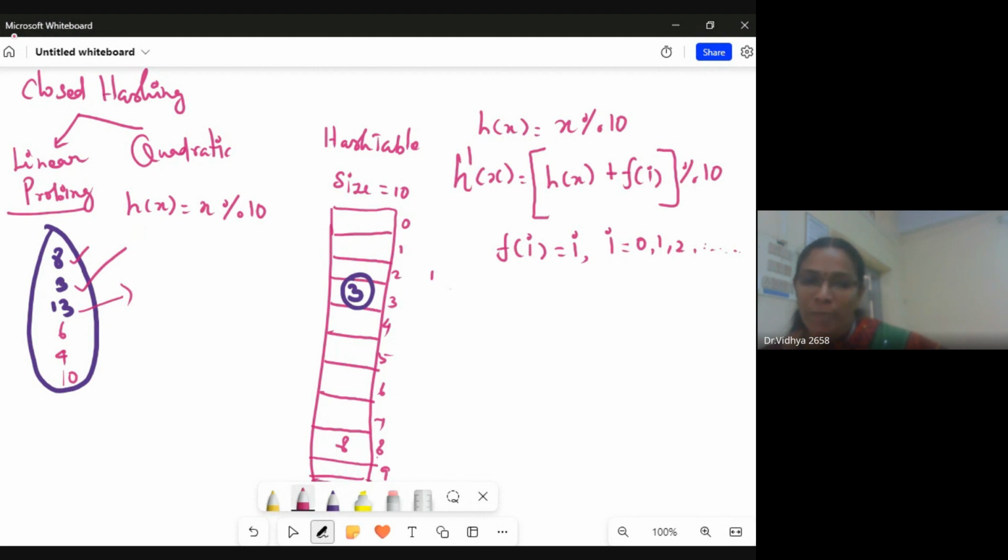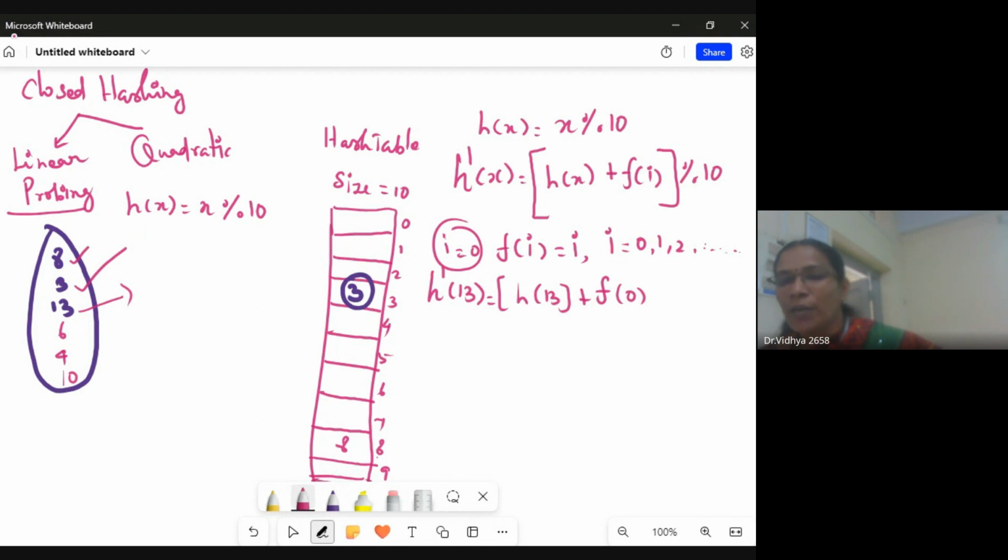So now I am calculating h dash of 13 equal to h of 13 plus f of I. Initially I am taking the I value as 0. f of I equal to I is the formula, so you place the I value where we are referring f of 0, then modulo division 10.